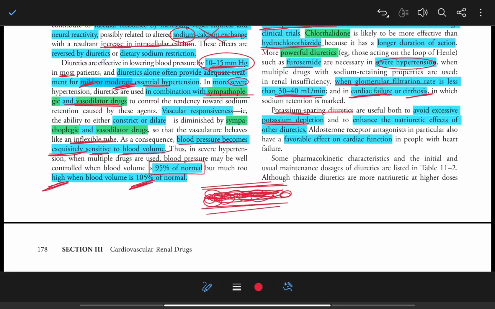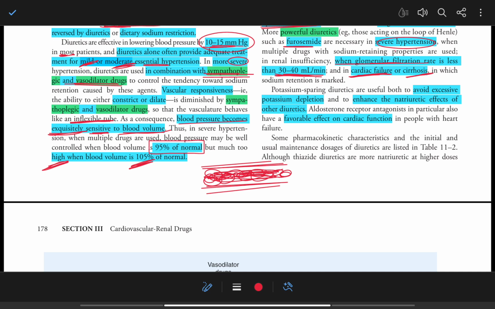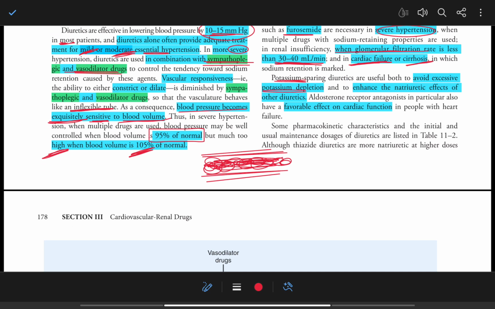We usually add spironolactone to the medication in order to ensure that potassium is not lost from the body. Okay, so that is the use there. So then again, spironolactone, as an aldosterone receptor antagonist in particular, also has a favorable effect on cardiac function.